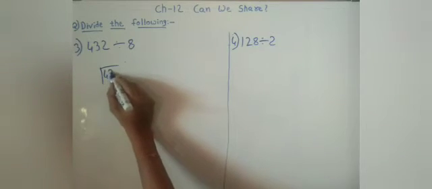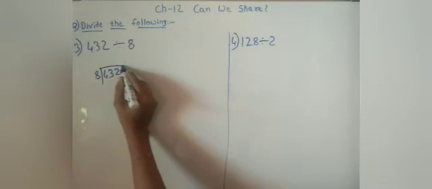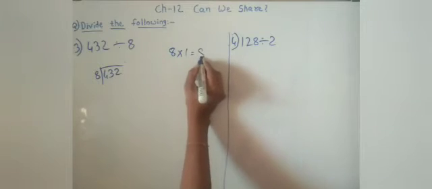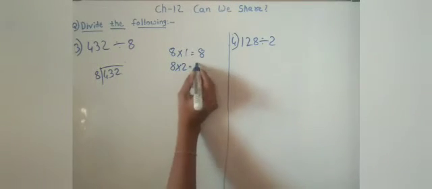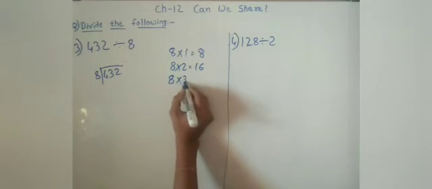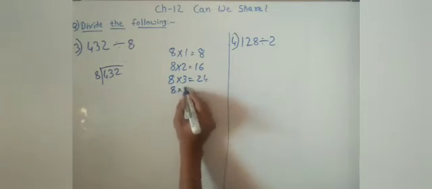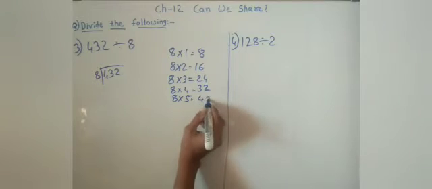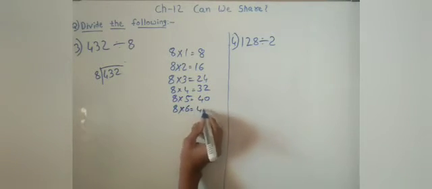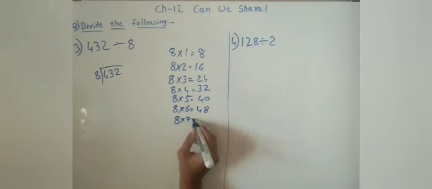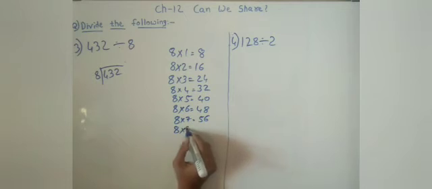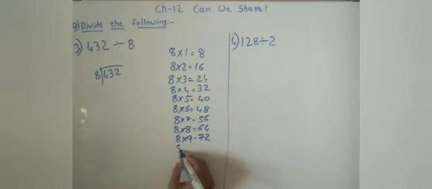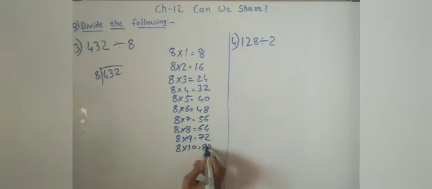First of all, we will write the 8 table. 8 ones are 8, 8 twos are 16, 8 threes are 24, 8 fours are 32, 8 fives are 40, 8 sixes are 48, 8 sevens are 56, 8 eights are 64, 8 nines are 72, 8 tens are 80.